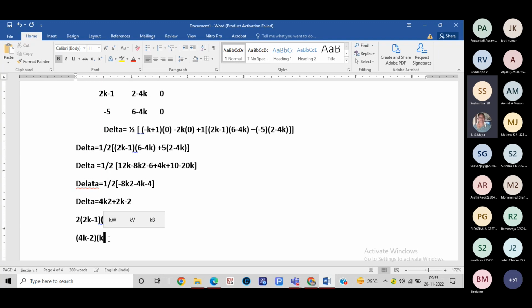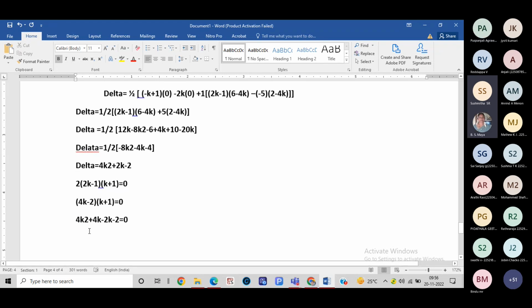K into k gives 4k square, 4 into 1 gives 4k, minus 2k, minus 2. If you simplify this equation, we get the same thing: 4k square, minus k minus 2 gives 2k, and we get minus 2 only.